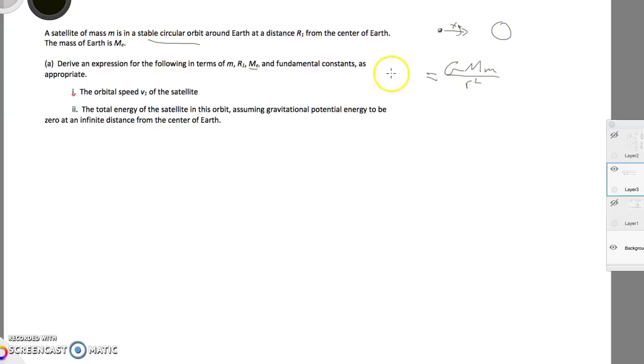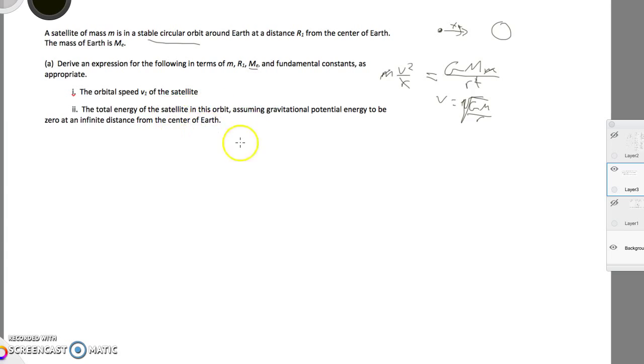Okay, now this is equal to the net force, which generally we use ma, but since it's rotating, we're going to use centripetal force, mv squared over r. The m's will cancel out. Okay, one of these r's will cancel out, and then v will be equal to the square root of GM over r, all that stuff. Okay, that's part one, the orbital speed.